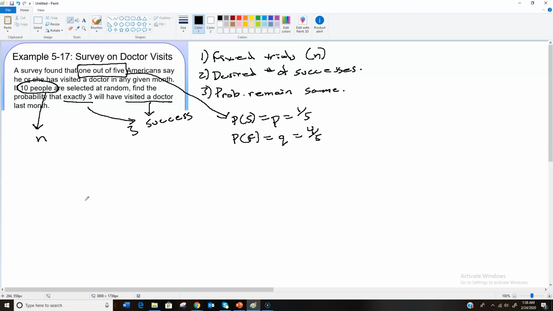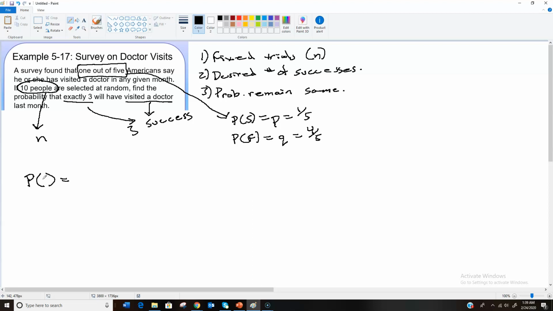So now let's write out the formula. So we're looking for the probability that we have exactly 3 successes out of our 10 trials, and that will be equal to, remember, actually let me just write out the general formula first instead of filling in the numbers.